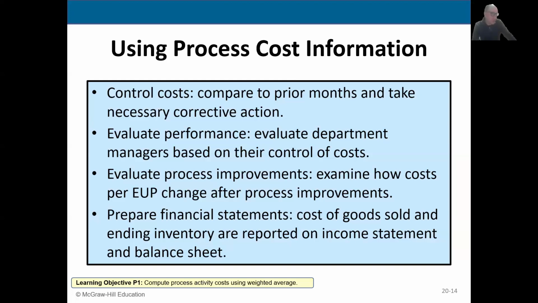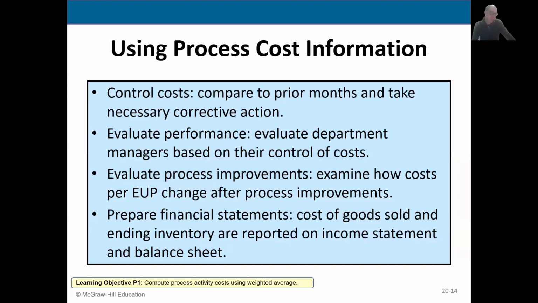The third reason, of course, is to evaluate process improvements. Your organization can use this type of information to make better decisions or to execute on the process more efficiently. Maybe making some minor modifications to the process.